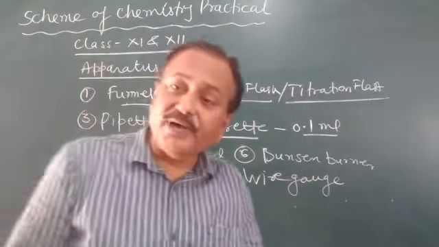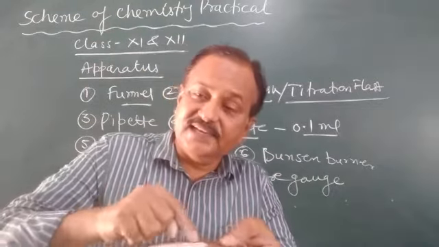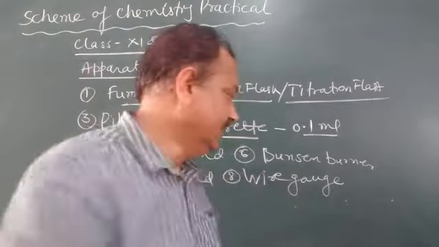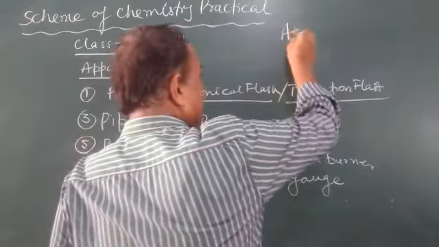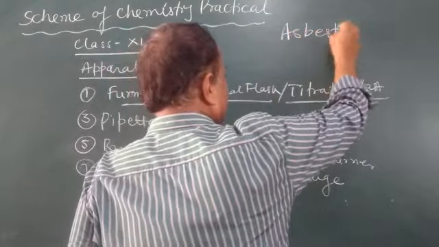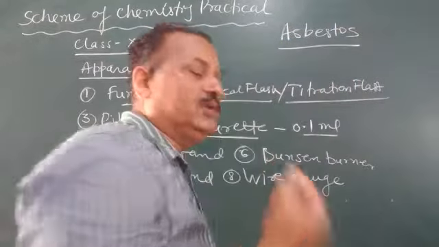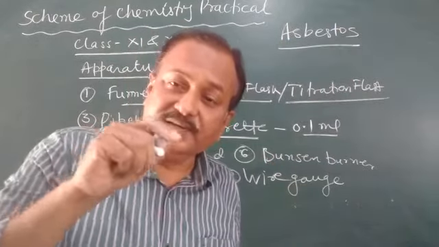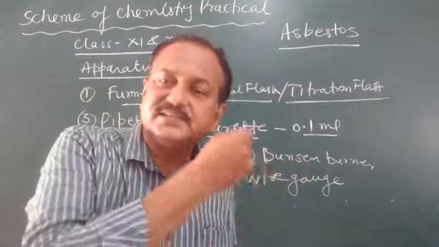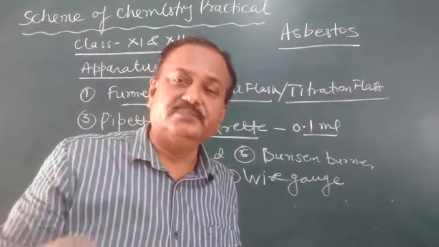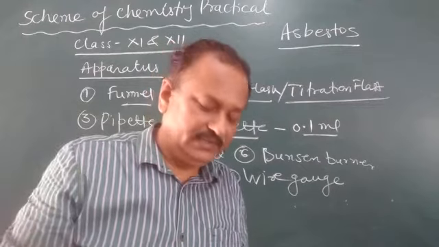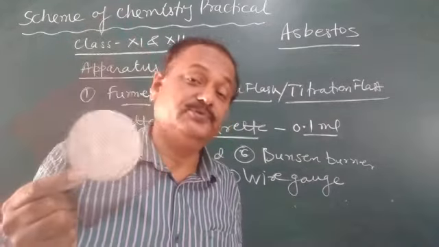So, why use wire gauze? Because wire gauze has a layer of asbestos. Asbestos is a naturally occurring material found inside the earth. It is a complex compound made up of salts of magnesium, aluminum, silicon, and it is fireproof.